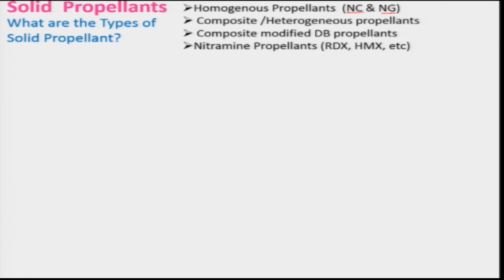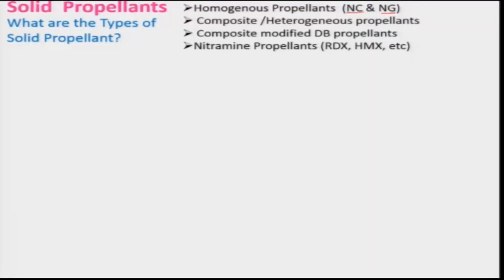You might be aware that terrorists use RDX. You might have read in the newspaper that RDX carried by terrorists has been caught by the police or paramilitary forces in India, because today India is infested with terrorists from outside carrying RDX, which is explosive in nature.